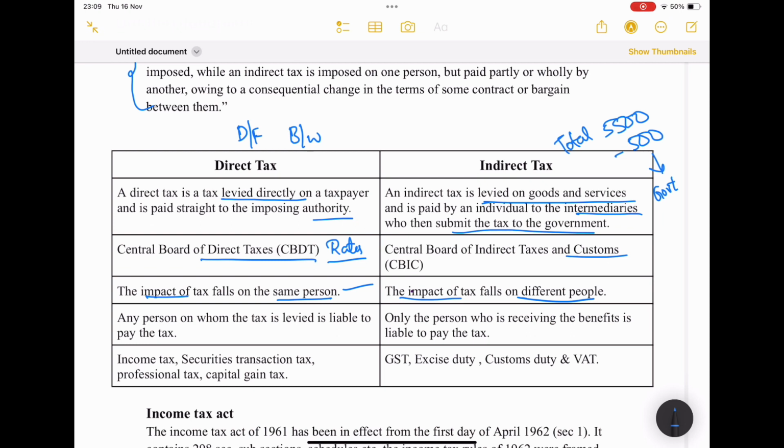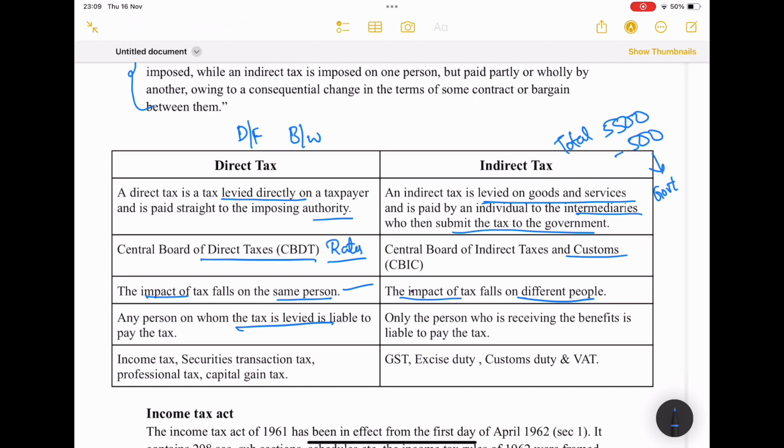See next point, any person on whom tax is levied is liable to pay taxes. Any person here in the sense the person who is in the circumstances of paying the taxes.